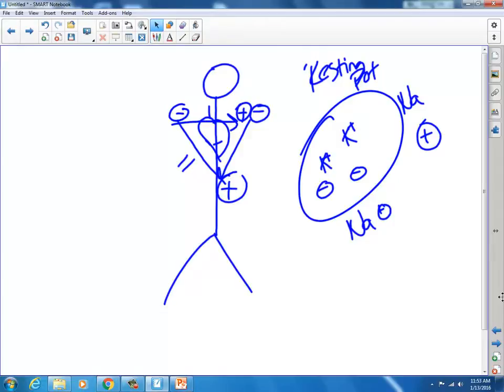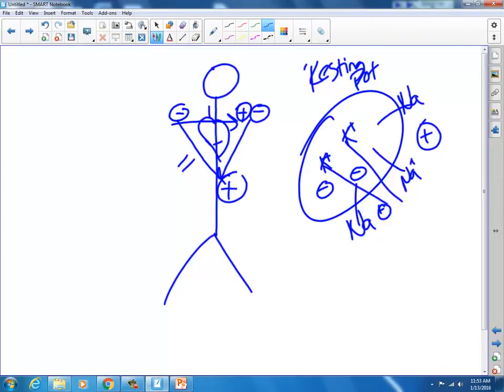All right, cool. So what has to happen in order for us to have a cardiac cycle? We got to go into action potential, right? What happens in action potential? Now, it's not just 3 and 2.